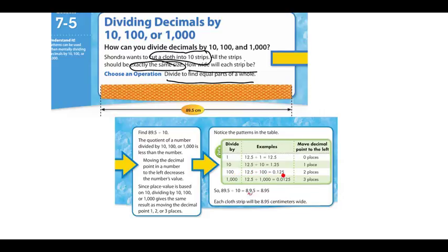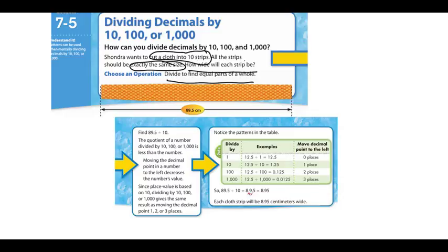If you divide by 100, it's getting not 2 times smaller, but 100 times smaller, which means you move it 2 places to the left. And dividing by 1000, it's getting 1000 times smaller, because there are 3 zeros. That helps me know how many places I move it. But a common error is to see that it says 3 and to say 3 times smaller, but it's 1000 times smaller.